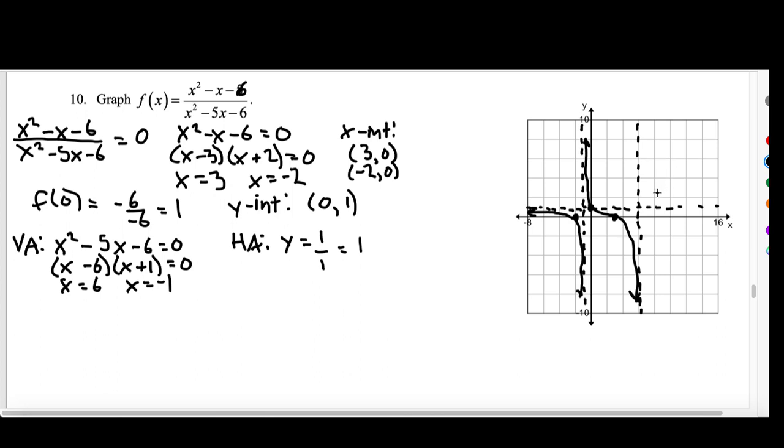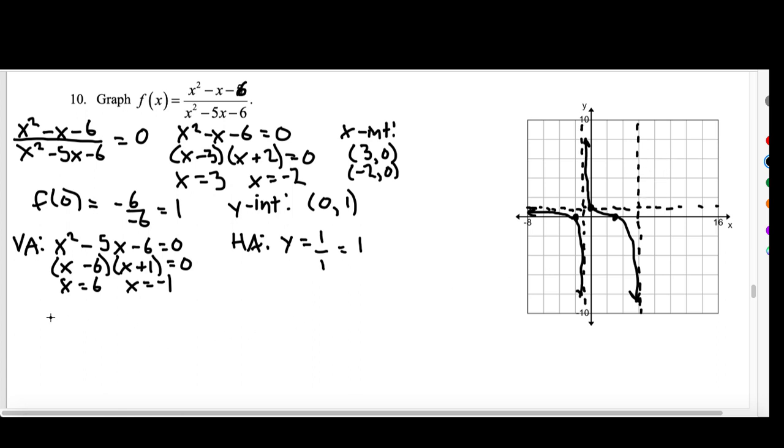We don't really have a great sense of what's going to happen over in this region. So for that, it would be helpful to plot an additional point or two. Keep in mind that this vertical asymptote here passes through x equals 6, so any points that I choose should be to the right of that.